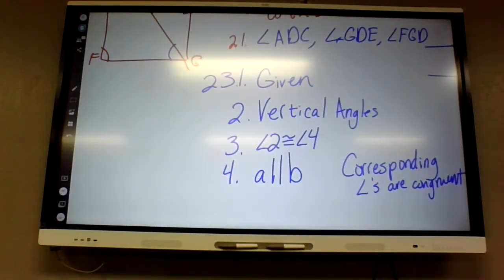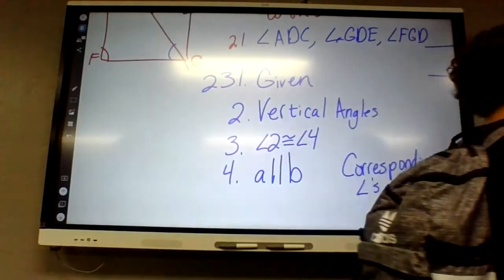Are they congruent on 16? Are these two the same thing? Is that the same as that? No. So if they're not the same, corresponding angles are supposed to be the same. If they're not, it doesn't work.